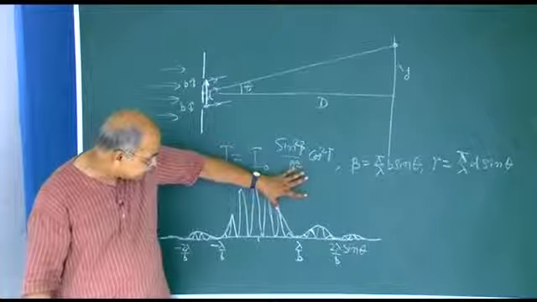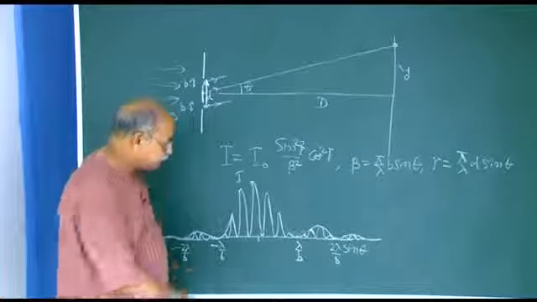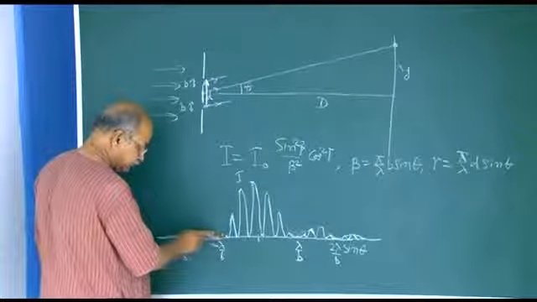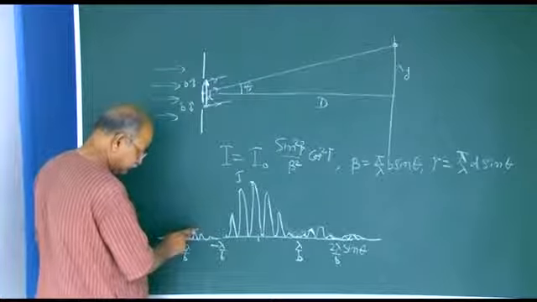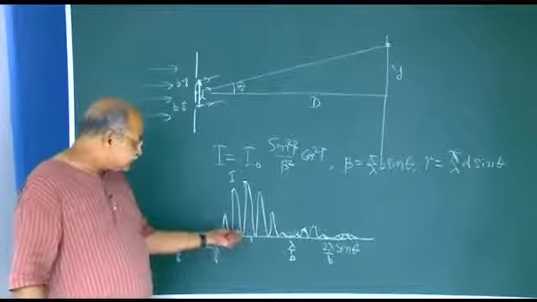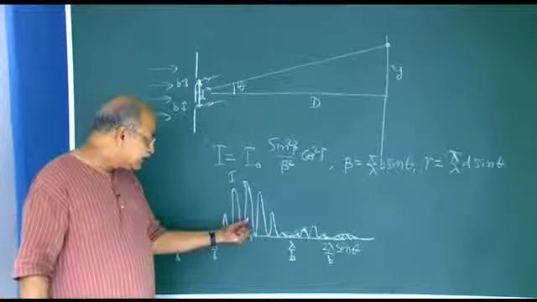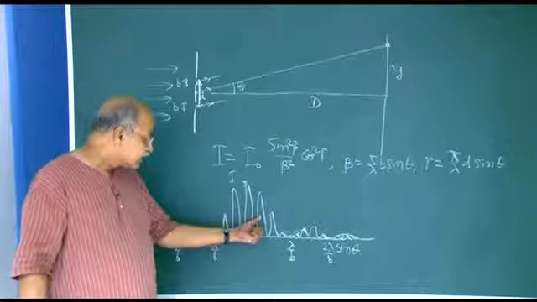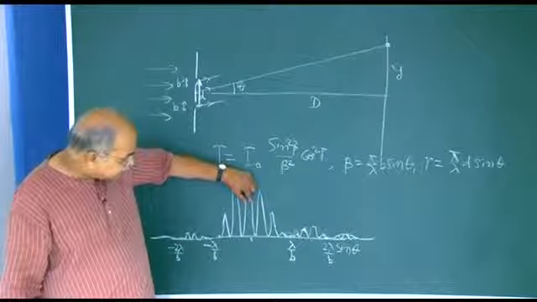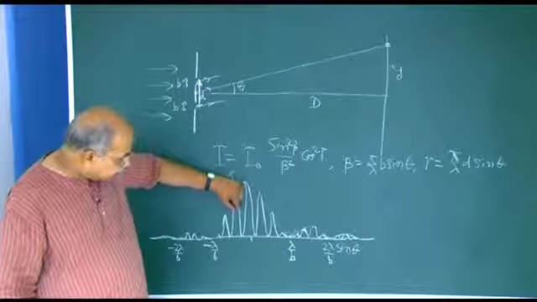Graph of intensity as a function of sine theta, like this. This is the kind of intensity variation. So you have a central fringe here, quite bright, and then adjacent fringes, somewhat less bright, but the important thing is that the width of the central fringe is the same as the width of the adjacent fringe, and in fact all the fringes.